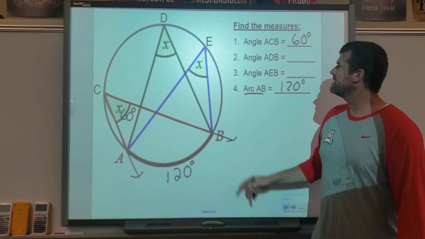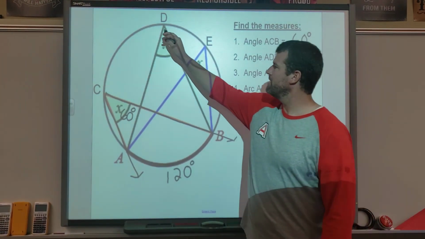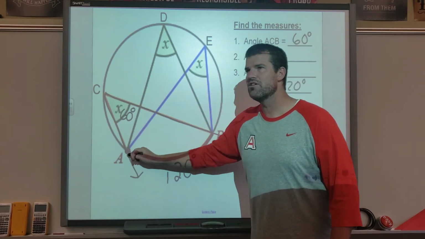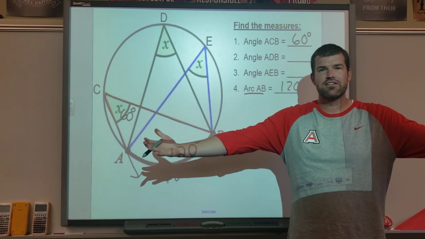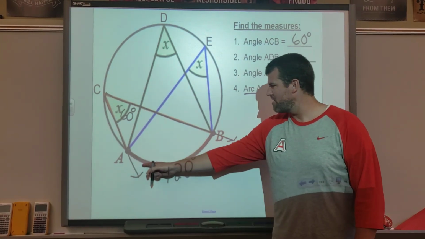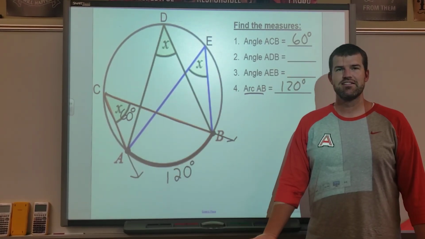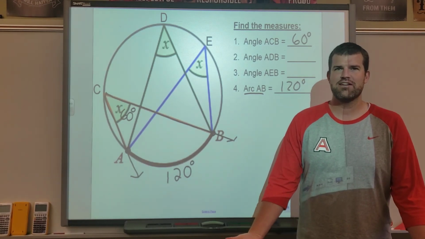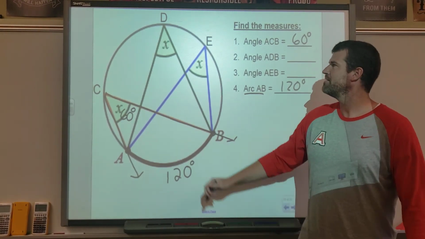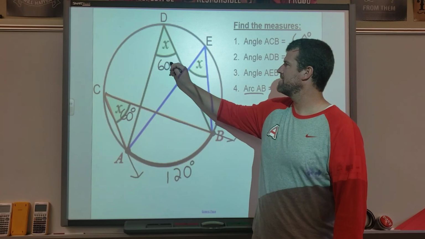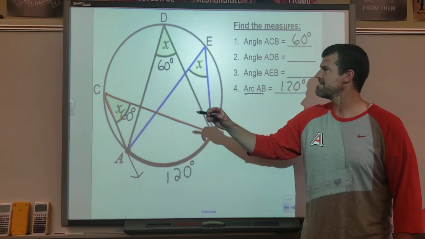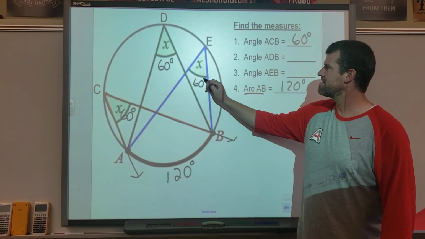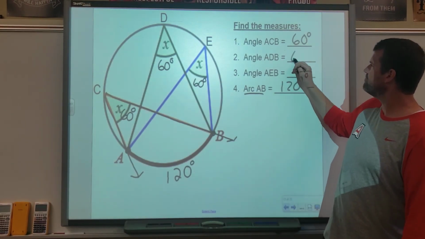And then if we take a look at our other 2 angles, what I notice is that they also go to points A and B, which means they have the same arc. So if they also have an arc of 120 degrees, and they're inscribed angles, they've got to be half of that. So this angle is 60 degrees. And what's this angle? Yes, that is also 60 degrees.